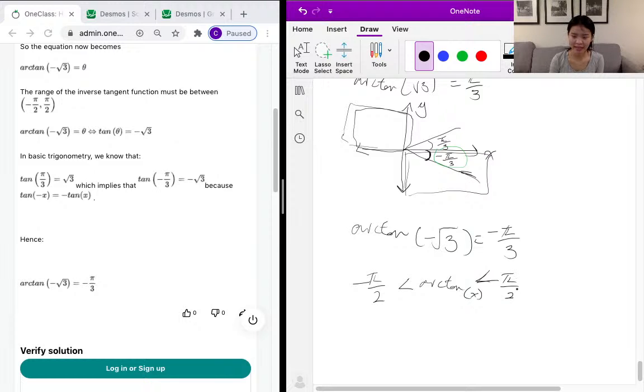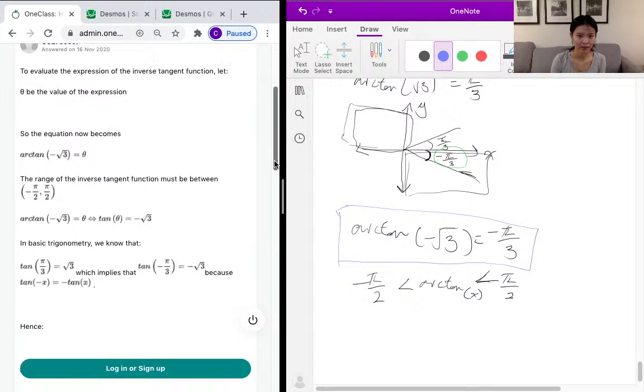So it can't be 2 pi over 3. And our angle couldn't fall in here, because it's just a convention of restricting the range to between negative pi over 2 and pi over 2. That's the standard. So here we have our answer, where the arctangent of negative √3 is equal to negative pi over 3.